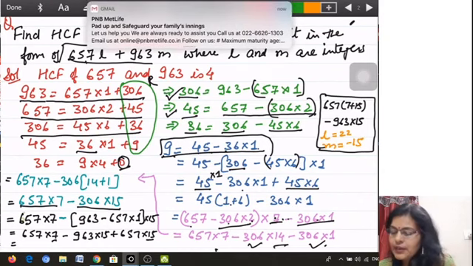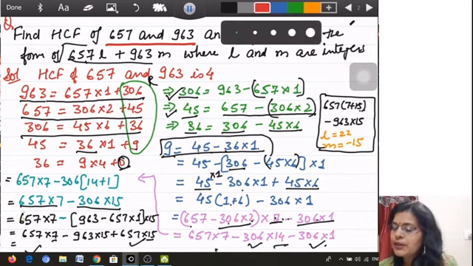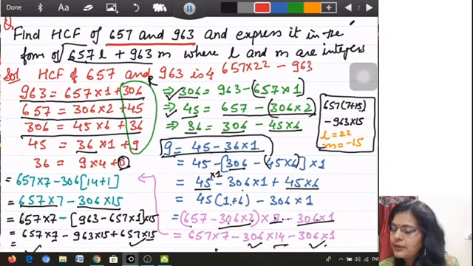So what do we see? That 657 into 7 plus 657 into 15 has become 7 plus 15 is 22, so this has become 657 into 22 minus 963 into 15.